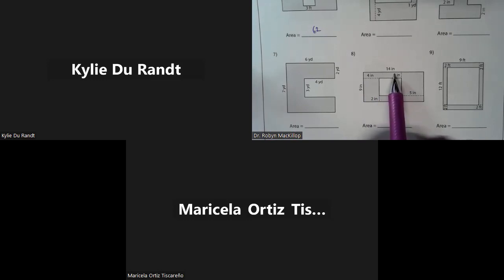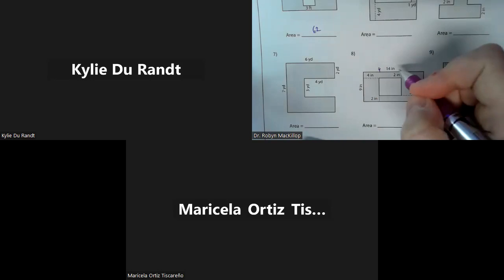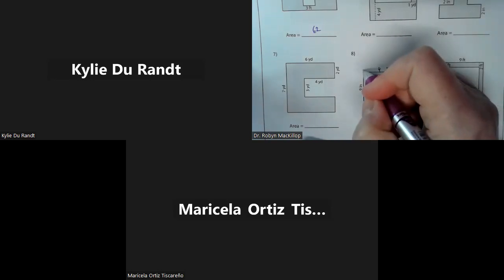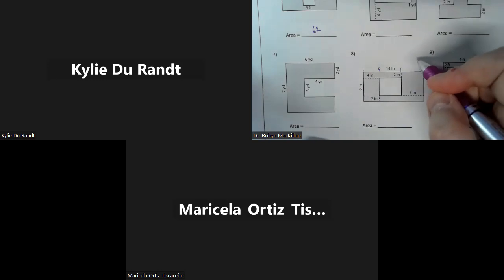Let's see, it's 14 across. Take away this piece, which is 5. It's going to be 9 for here to here. And then it's going to be 2 for the height, for the width. So 9 times 2, that one is going to be 18.